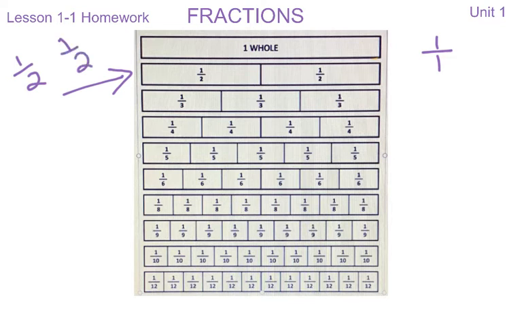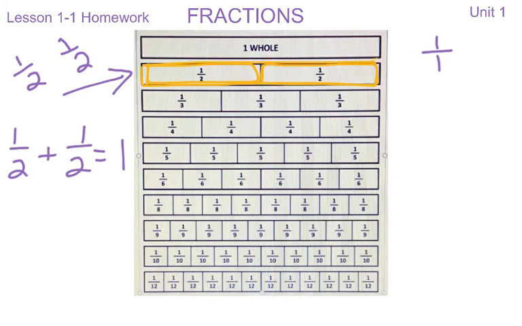And then 1/2 and 1/2 are called unit fractions because 1/2 plus 1/2 equals 1 whole. And again, that's visualized by seeing that if we take these 2 halves here, 1 and 2, and we trace them outside, the size is equal to 1 whole.